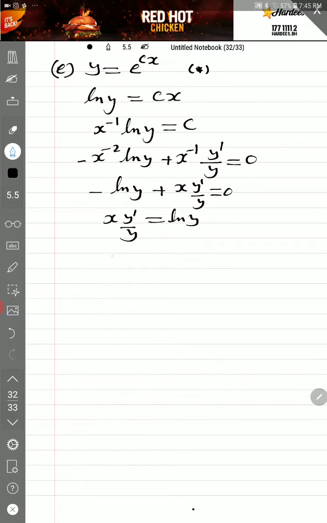Separate the variables. What you will do here, this is x dy over y, multiply by y here. Before we do this, separate the variable y, ln y.